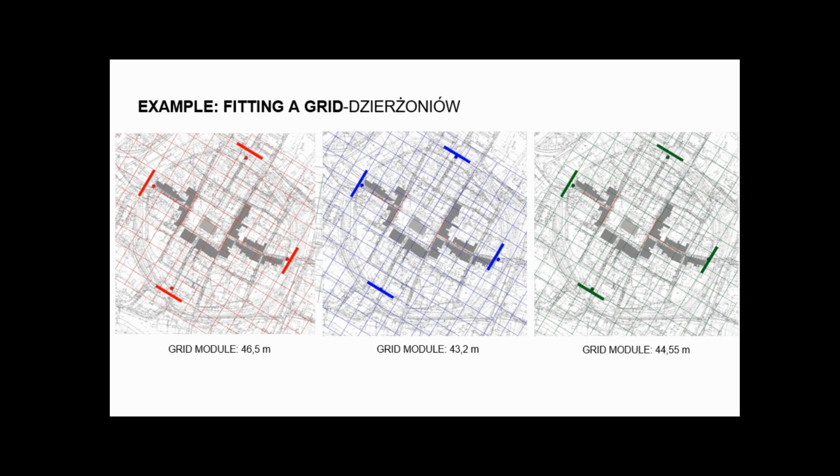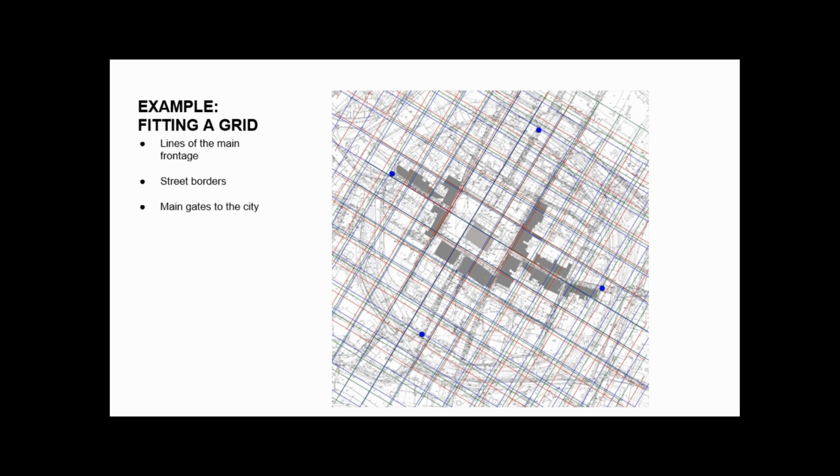There are also the same three grid models. And you can see here, these colorful borders are the borders of the fortification, so we should consider the grid just inside these borders. And once again, we put all the grids together.